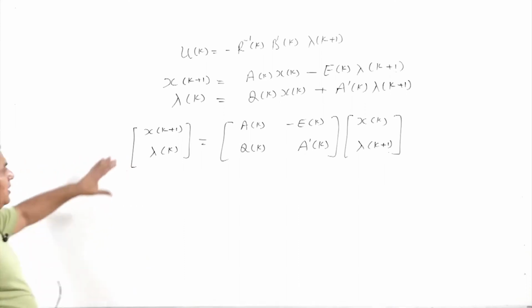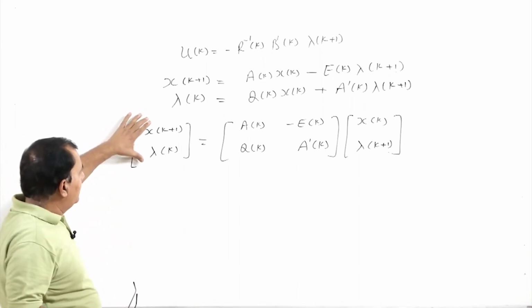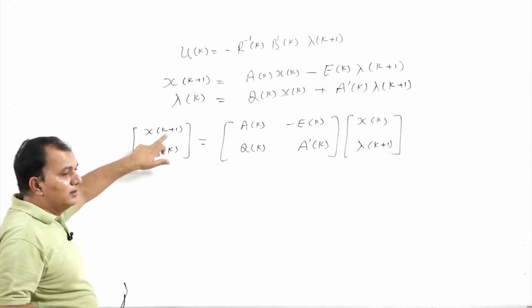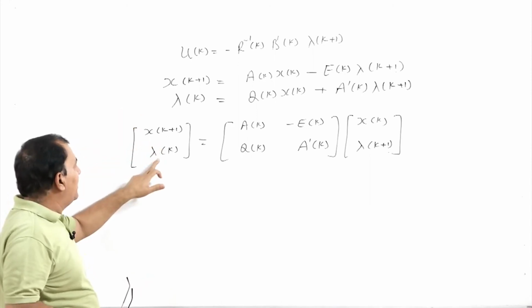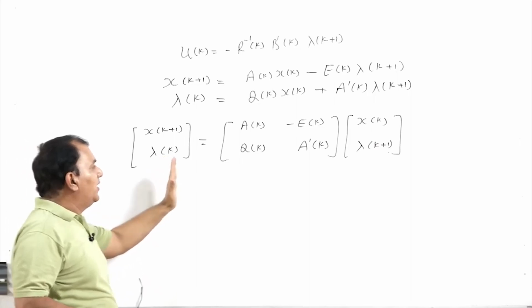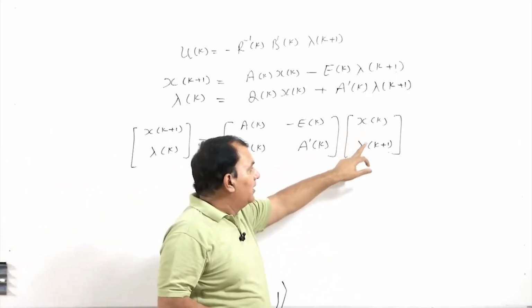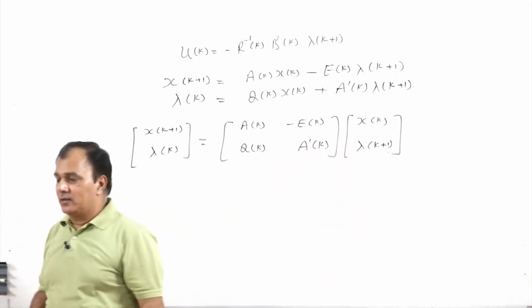So, now if we analyze this equation, x is at the instant k plus 1 and lambda is at the instant k. This we are expressing in terms of the x k and lambda k plus 1.